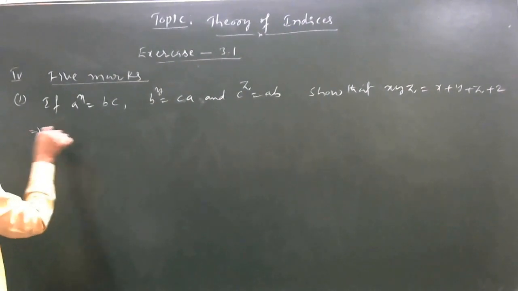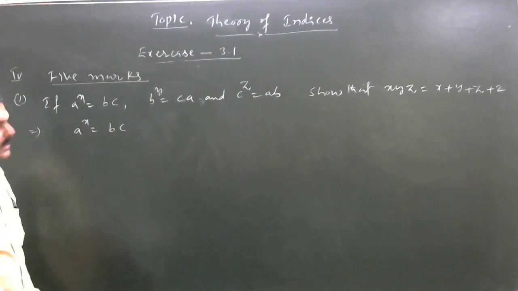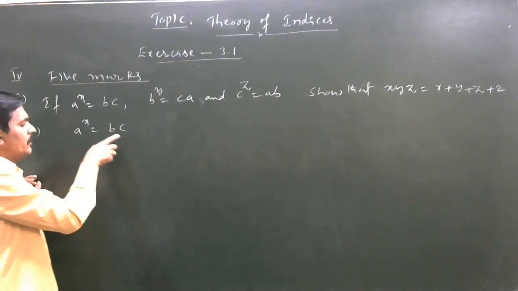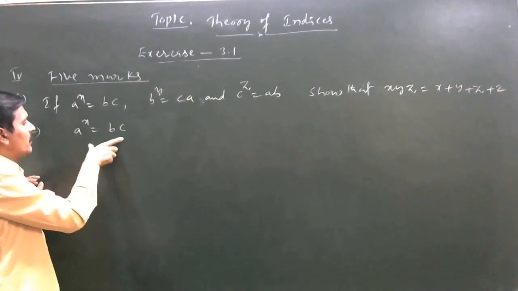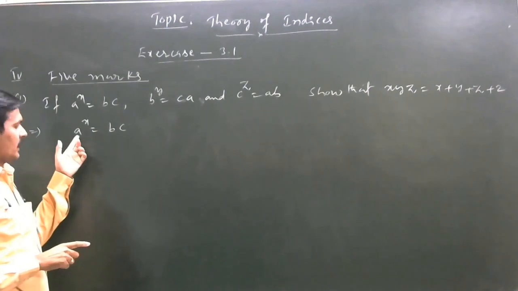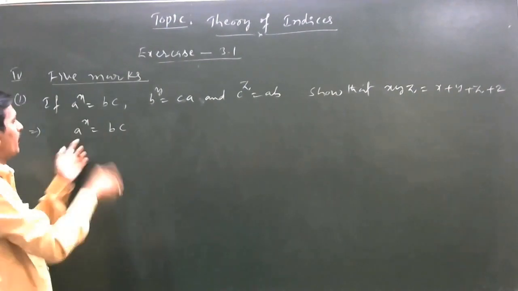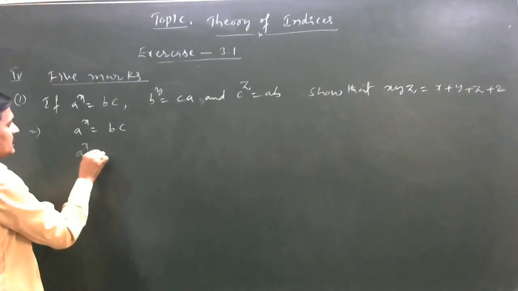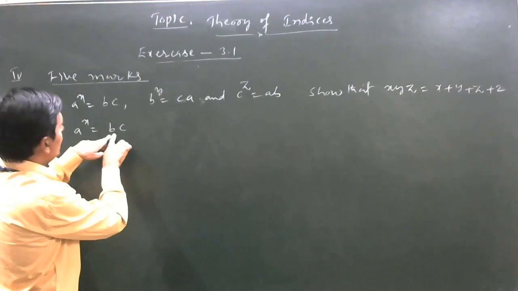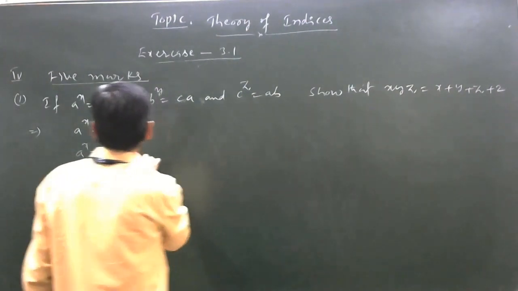Here first we take a power x equal to bc. In this equation, on both sides the base values are to be converted into a. Here a power x, b and c.